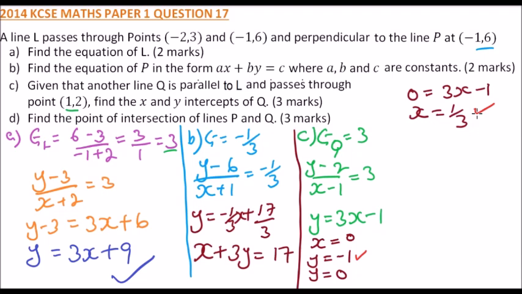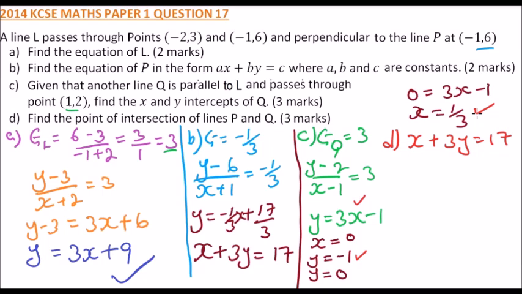So from there, we go to part D of the question, where we are told to find the point of intersection of P and Q. The equation of line P is x + 3y = 17. Then we have the equation of our Q, which we have here.